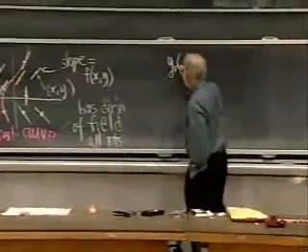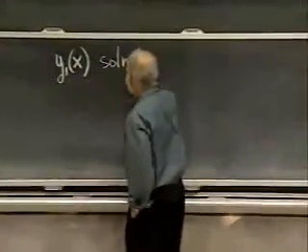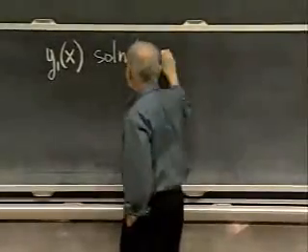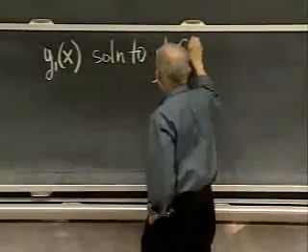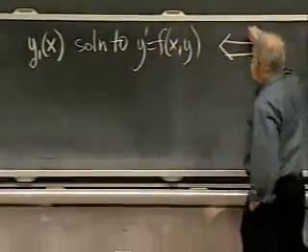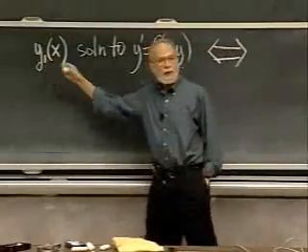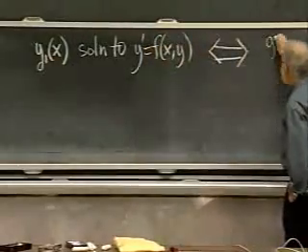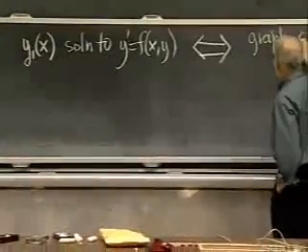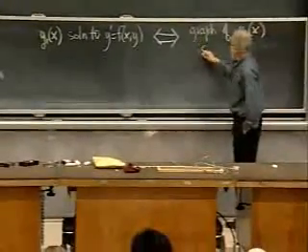That y1 of x is a solution to the differential equation if and only if the graph, the curve associated with this, the graph of y1 of x is an integral curve.